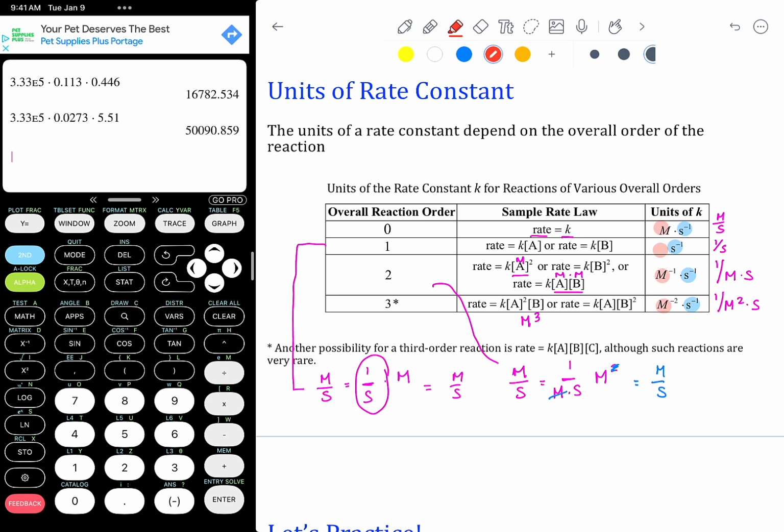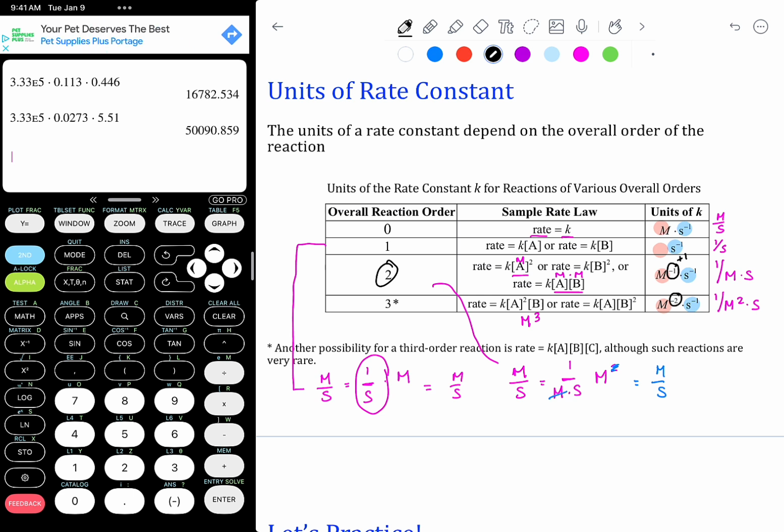And the way that I like to think about it is that the exponent on the molarity, if you were to just look at the number, so in this case 1, if you add 1 to it, then you get the reaction order. So molar is raised to the 1, add 1 to that, it's 2, the reaction order is 2.